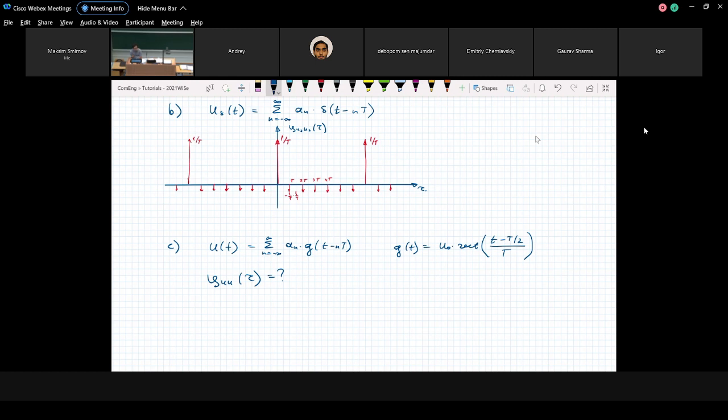You said that we can replace each delta pulse by a rectangular, but it's not true for the autocorrelation function.